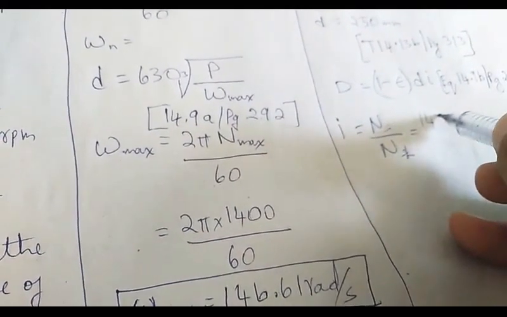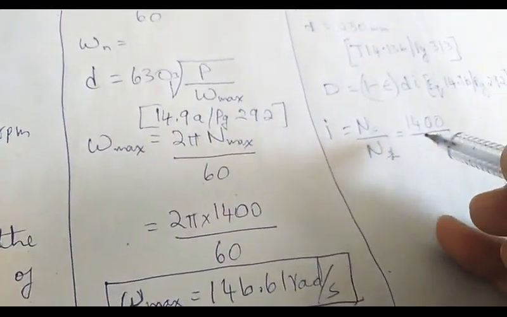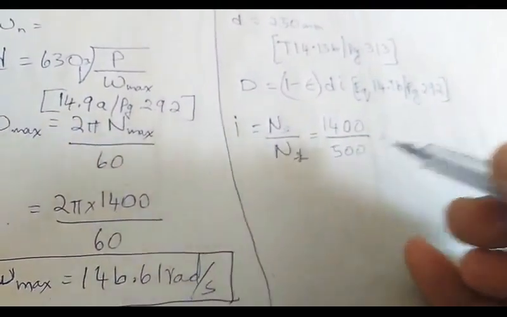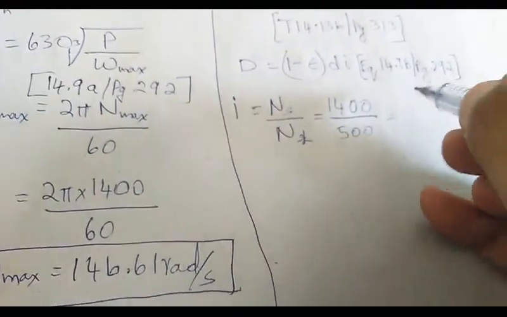Ns is 1400 by nl is 500, so the value of i is 2.8.